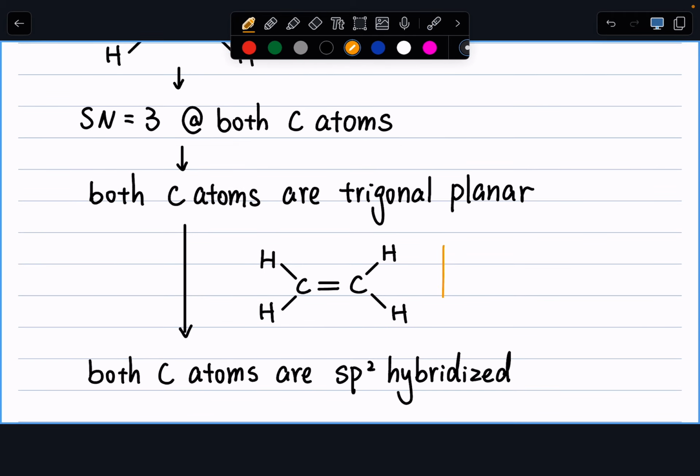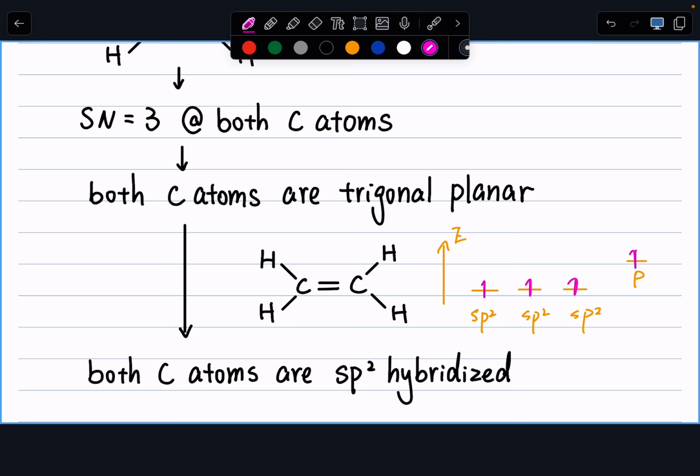In the energy diagram, the carbon will have sp2, sp2, sp2, and then a p orbital. This p orbital is perpendicular to the trigonal planar sp2 orbitals, and all 4 of them are singly occupied.